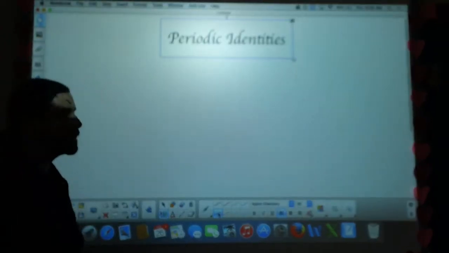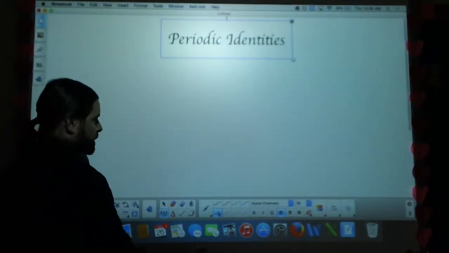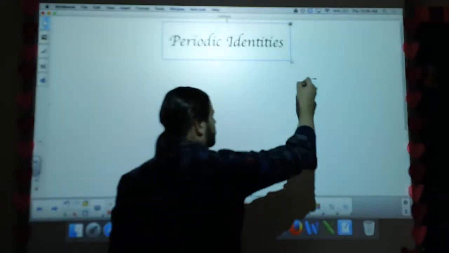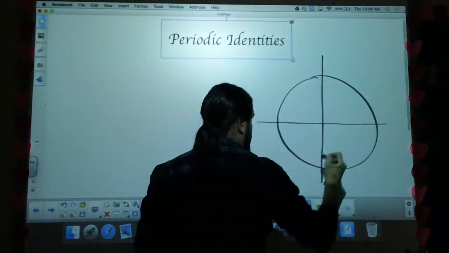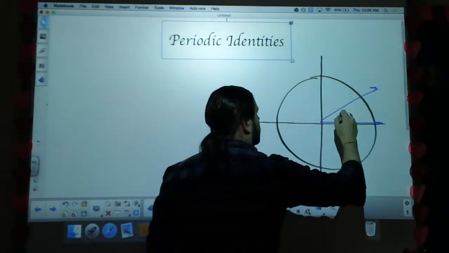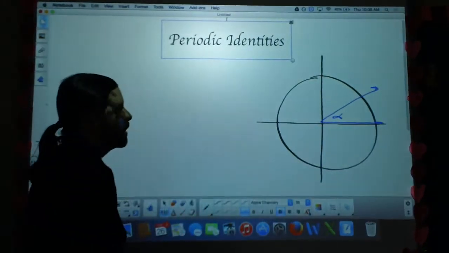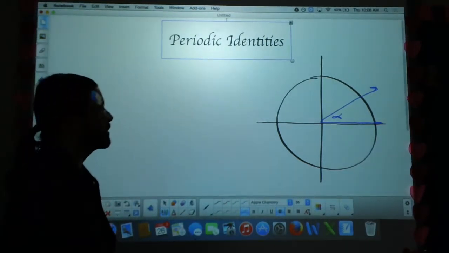Periodic identities are really easy to understand. They have to do a lot with the graph of the functions, but also they have to do with this mysterious shape, the circle. If I take this angle here, whatever that angle is, well, we know how to make coterminal angles. It's very simple.